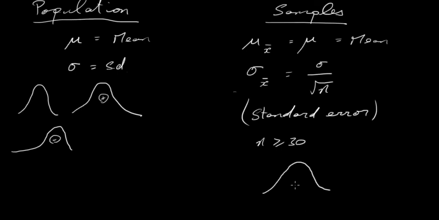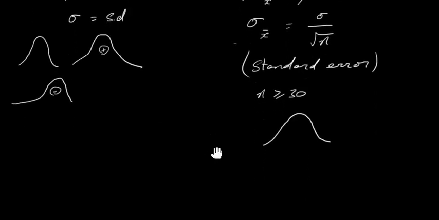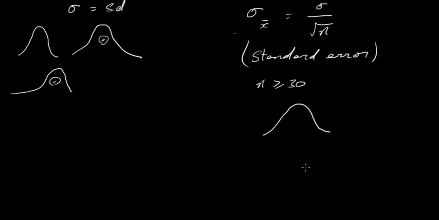Now, if our sample size is not greater than or equal to 30, if n is less than 30, then this really only works when our population distribution is normal. If our population distribution is normal, then all of this above applies.